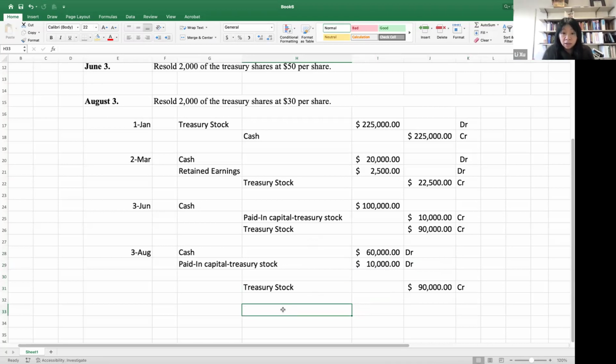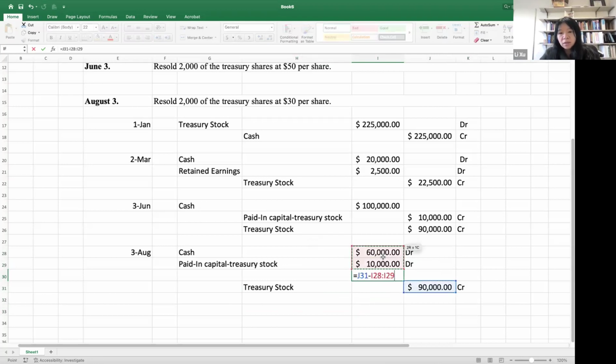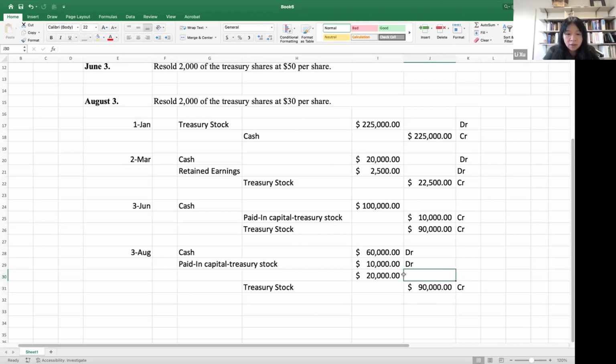We have 10,000 in our cookie jar, the paid in capital account, and we're still $20,000 short. So where are we going to get the 20,000? The 20,000 is going to come from retained earnings. So that's the journal entry.